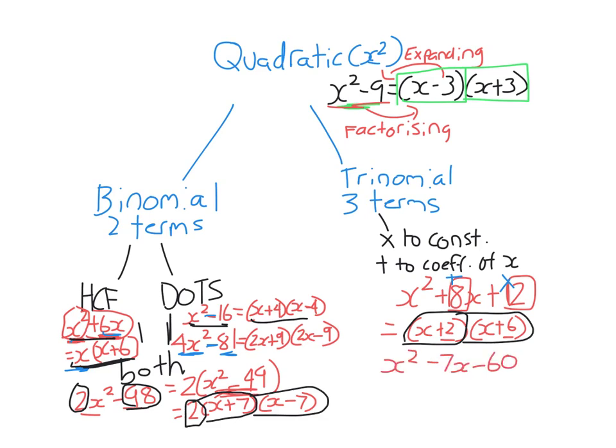So let's look at x squared minus 7x minus 60. Once again, it's a quadratic trinomial. We've got 1, 2, 3 terms. So we want to find two numbers that multiply to this term, which is negative 60, and add to negative 7. So if you're stuck, go through factors of 60.